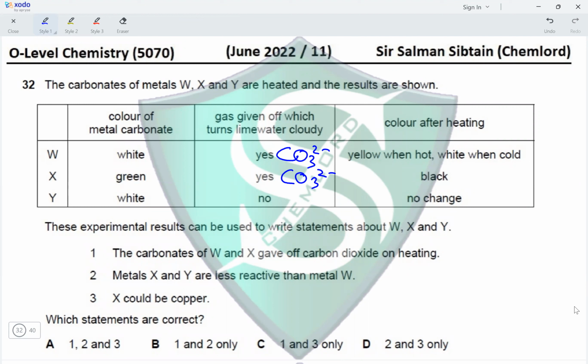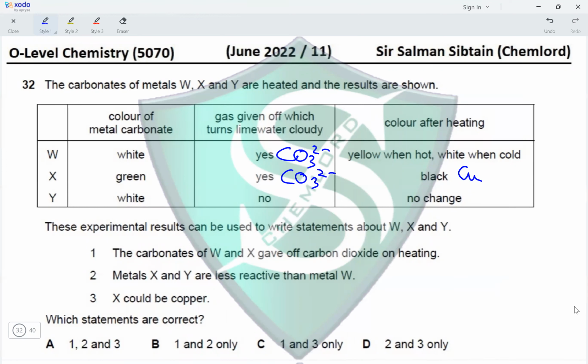Color after heating, yellow when hot, white when cold. Okay. Next, X, color after heating. A carbonate which is green in color which turns black after heating. This could be copper because when you heat copper carbonate, it forms copper oxide and copper oxide is black in color.